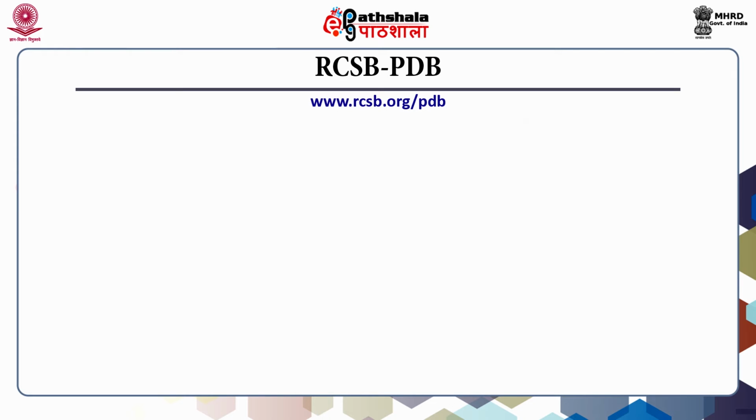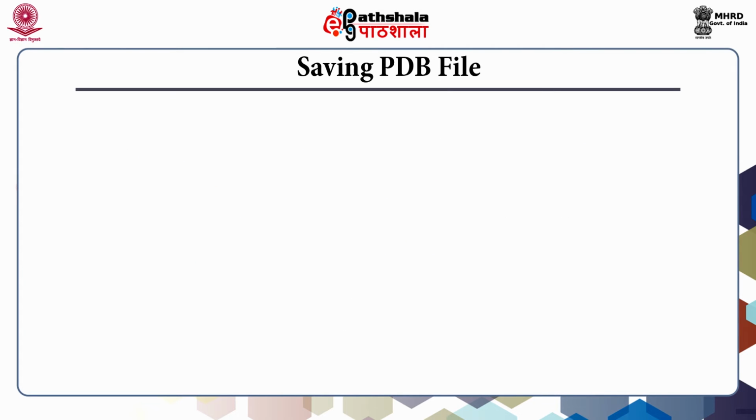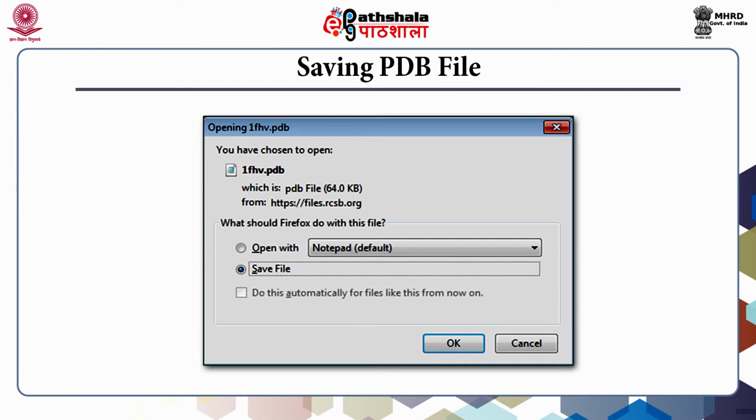Visit our SwissPDB web interface to download file 1-FHV. Search for 1-FHV and in the PDB entry page, open the download files drop down list and choose the PDB format command. This will open a dialog box.